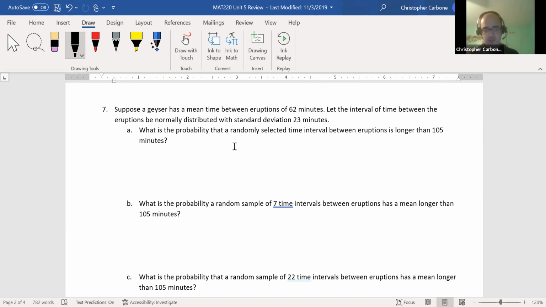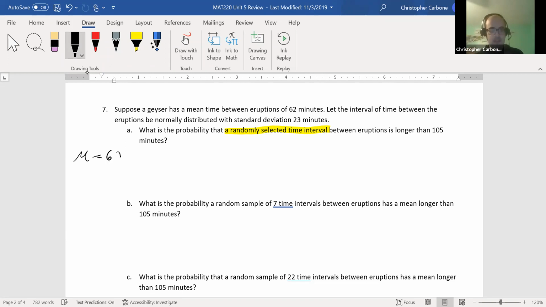We want the probability that a randomly selected time interval between eruptions is no longer than 105 minutes. Because we're told that this is normally distributed, we're fine with this problem. But this one wants to know about a randomly selected time interval. There's no sample size here. So because of that, we're going to do this in the normal way.